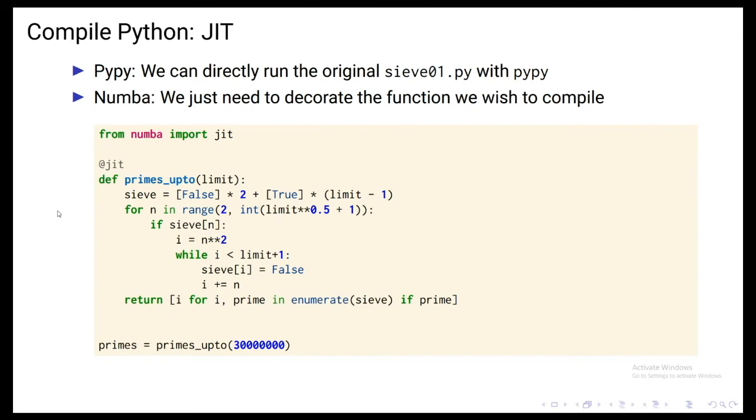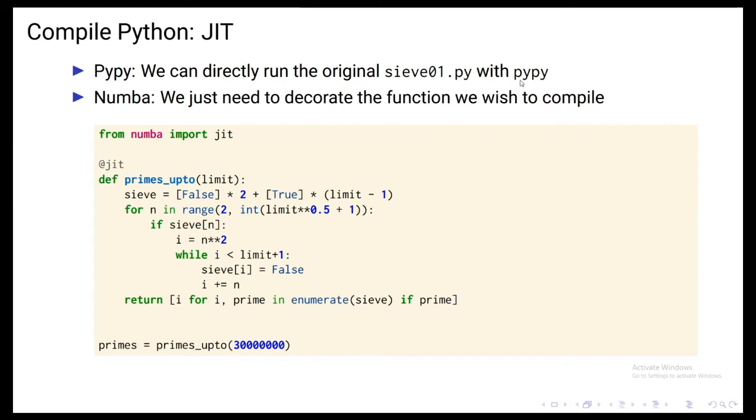So how do these just-in-time compilers work? With PyPy, as I said, you have Python code, like the very original pure Python implementation of my sieve, sieve01.py, and I can just run it with PyPy instead of with the Python interpreter.